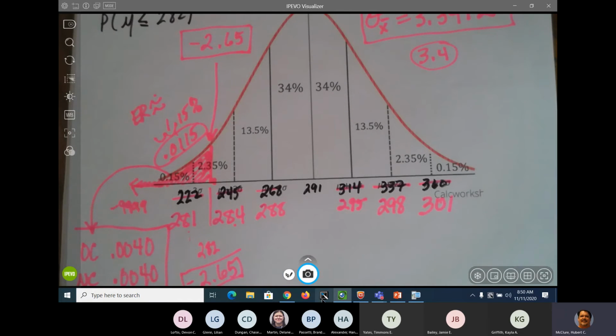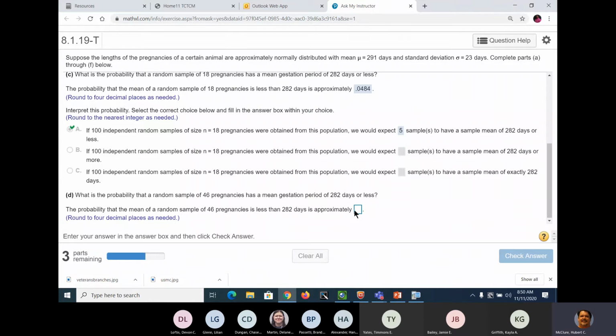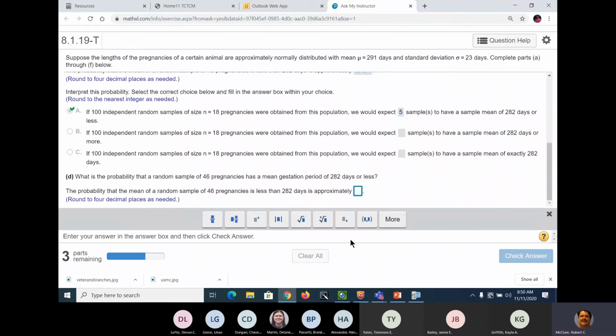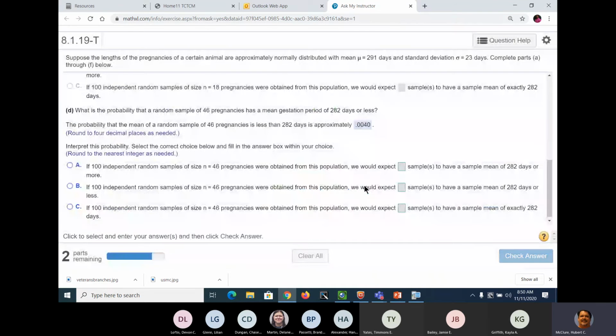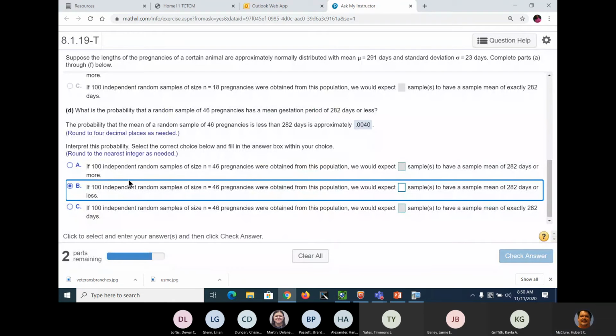So let's look at the question. The probability is 0.0040. And that means 0 people, or is less, right there. 0 samples.